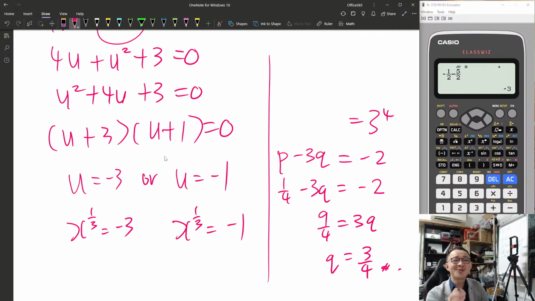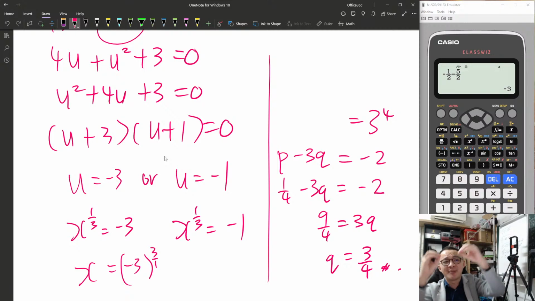Okay, some students might not know how to solve the 1 over 3 here. Two ways. Method number 1: 1 over 3 moves to the other side and becomes 3 over 1. This applies to any power of a over b. When you move to the other side, it becomes b over a. Then you should know 3 over 1 is just 3.